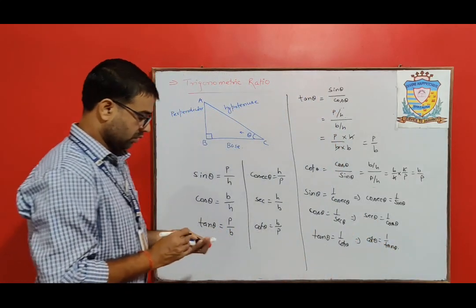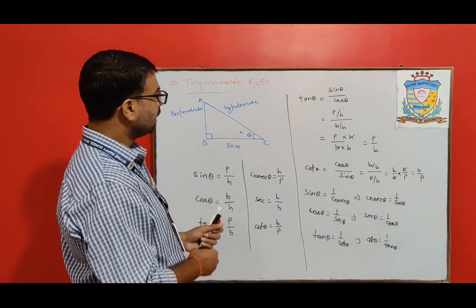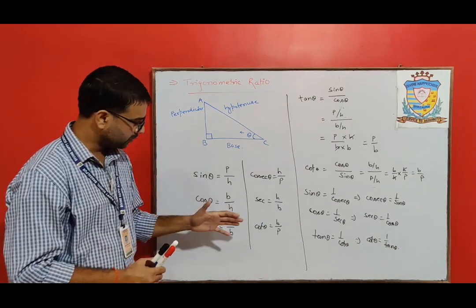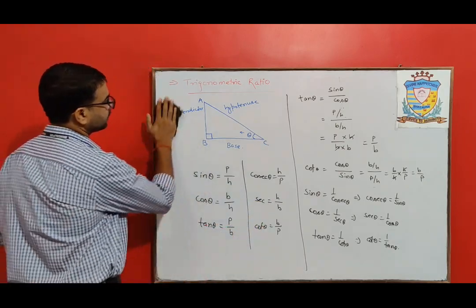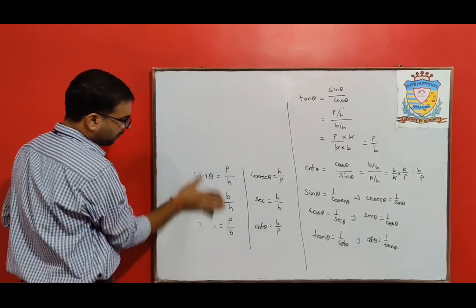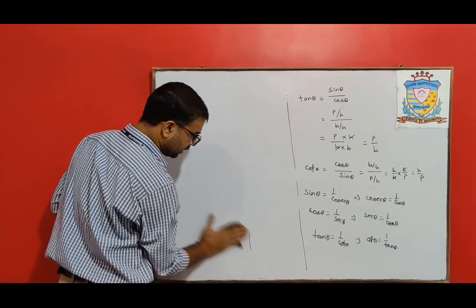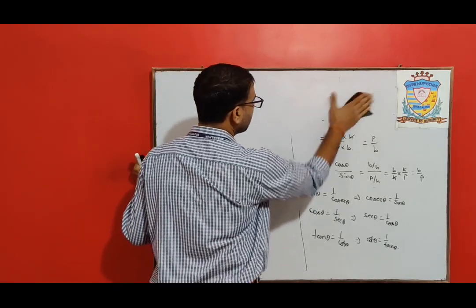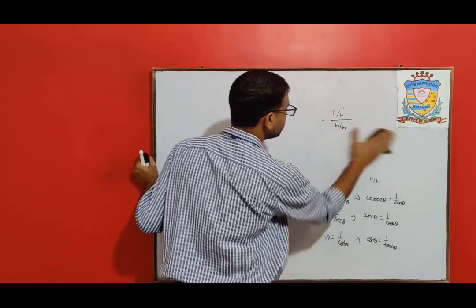Okay. Next one is the value of these ratios at different angles. Suppose we have to find the value of sine 60 degree, cos 30 degree, tan 45. So the values of these ratios at different angles.